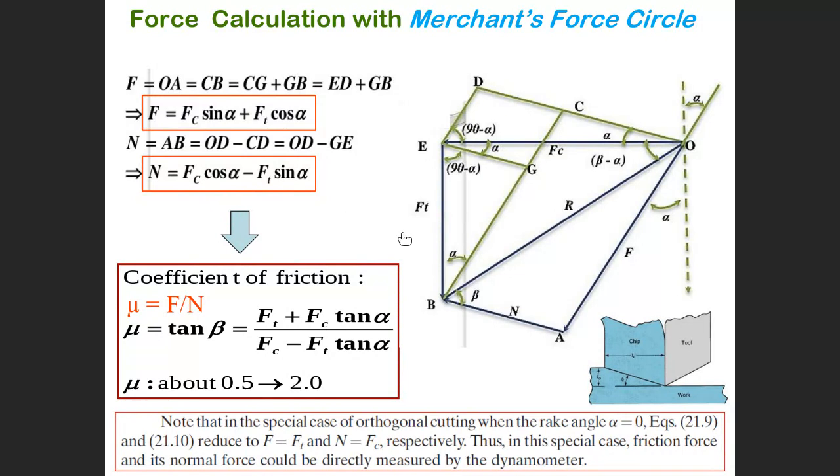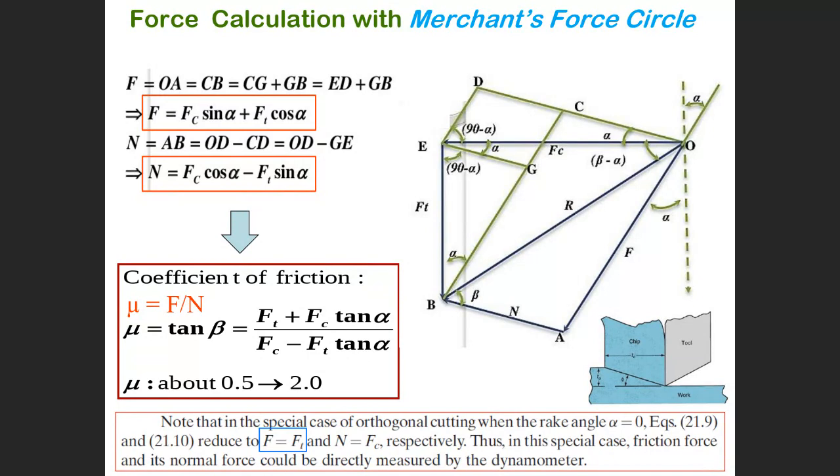This is a very special case: if alpha equals 0, then F equals Ft. Let me highlight, F will equal Ft and N will equal Fc.